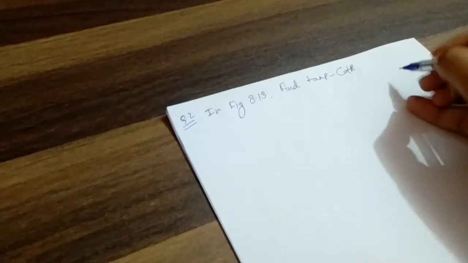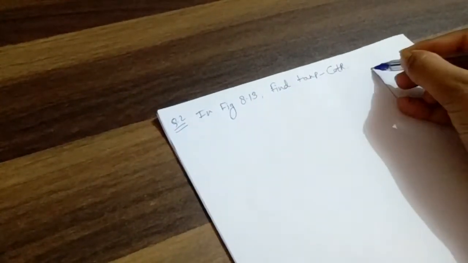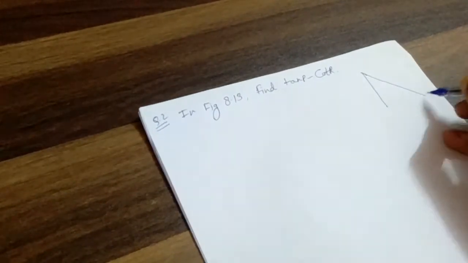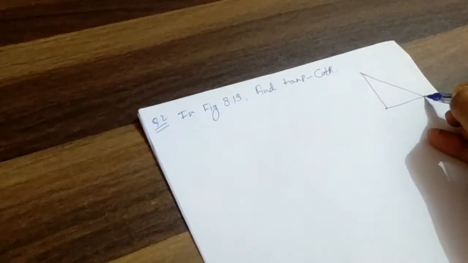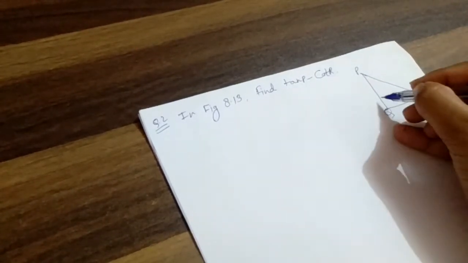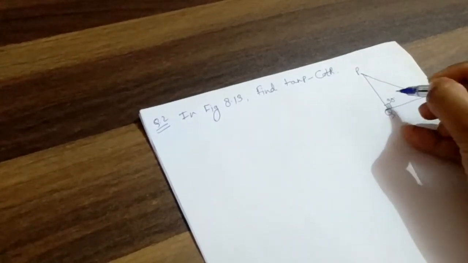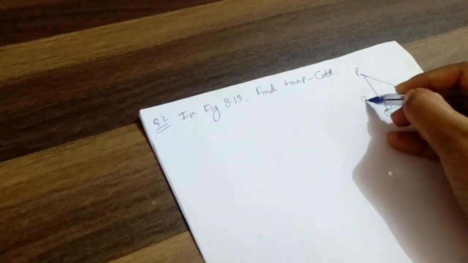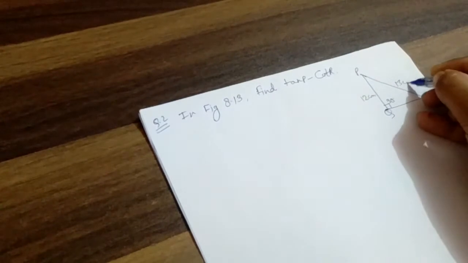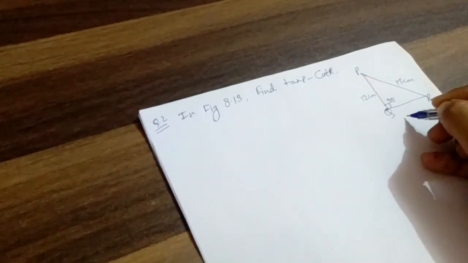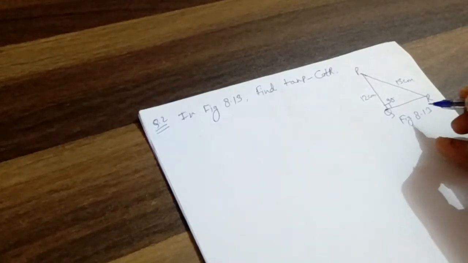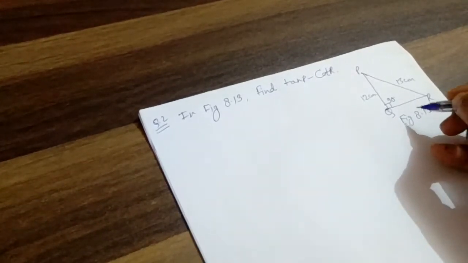PQR is a right angle triangle where Q is the right angle. PQ is given as 12 centimeter and PR is 13 centimeter, and the name of this figure is figure 8.13, which is given in the question already.